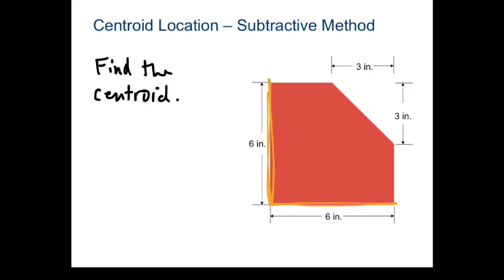To find the x bar for the total thing, I have to do it individually for the shapes. Shape 1, I said, was going to be this large square, and shape 2 is going to be the non-existent, empty triangle. For shape 1, it's just a 6 by 6 inch square. So what do I need?